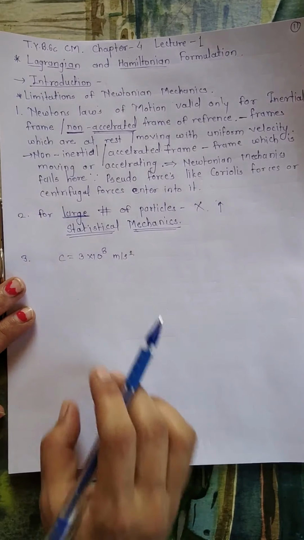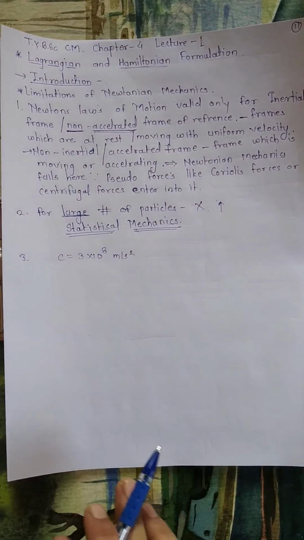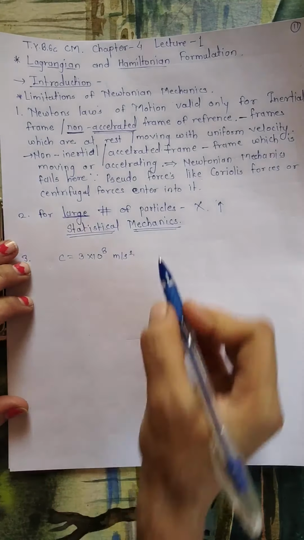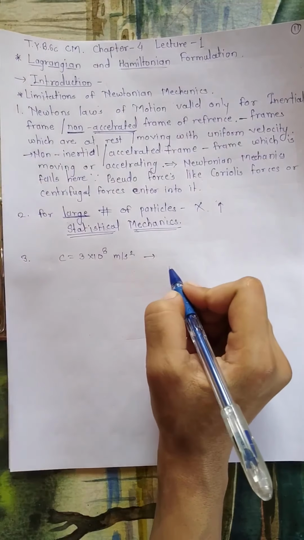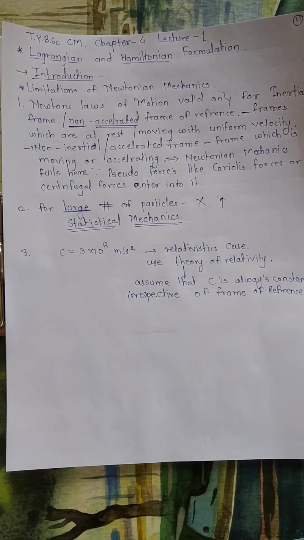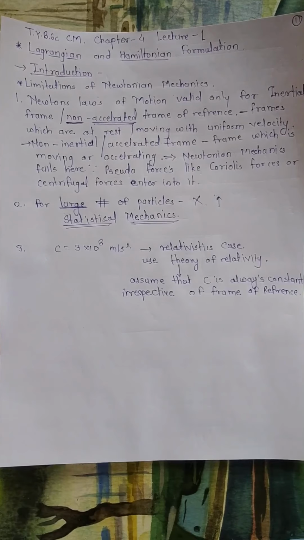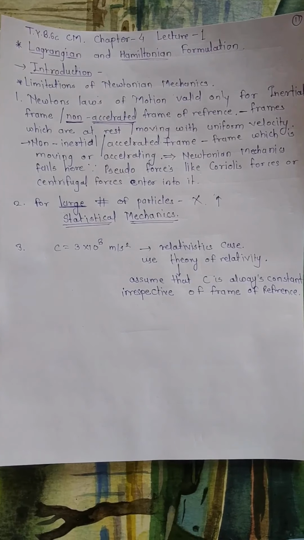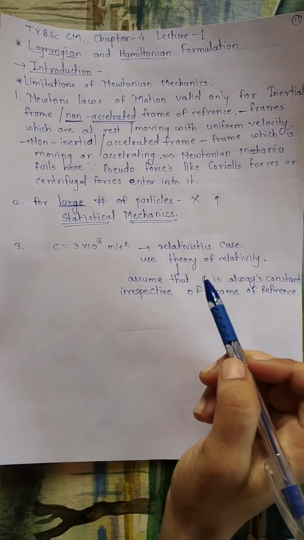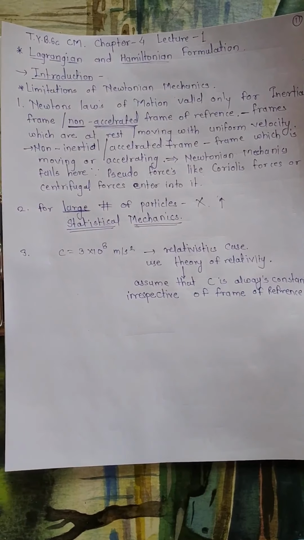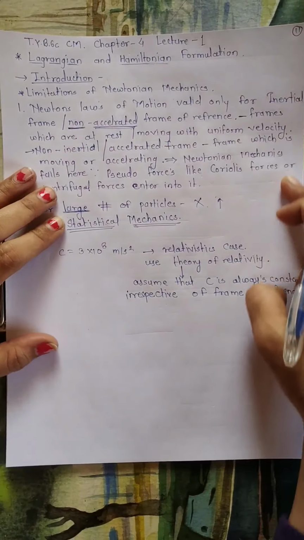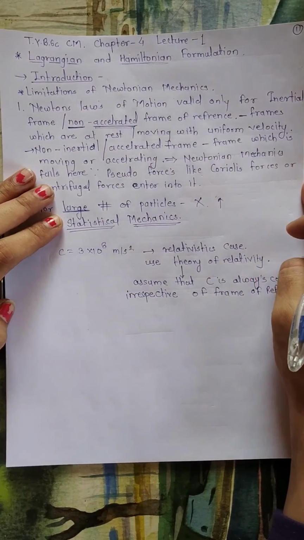In this case, when particles are moving with the speed of light, this is the relativistic case. Whenever particles are moving with the speed of light, we move towards the relativistic case, and that type of study is based on the theory of relativity.